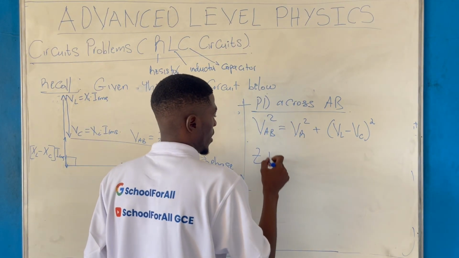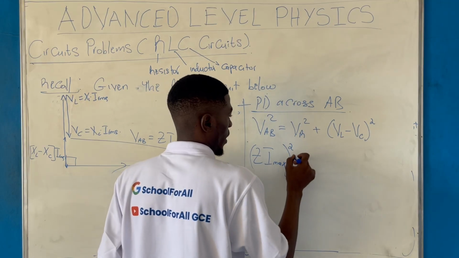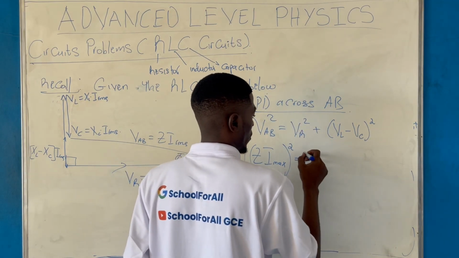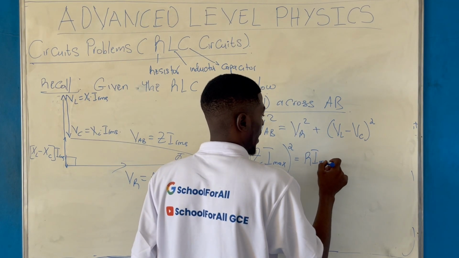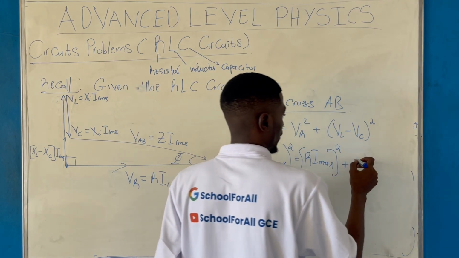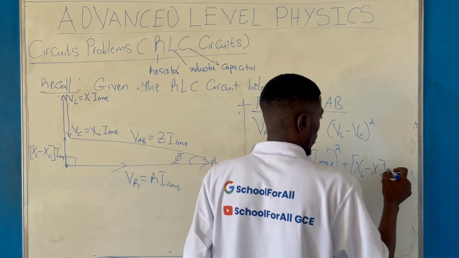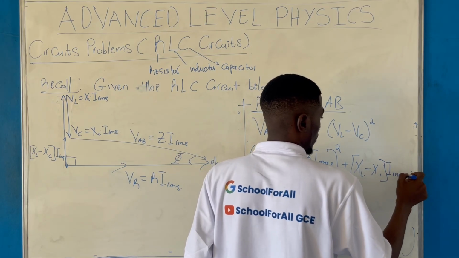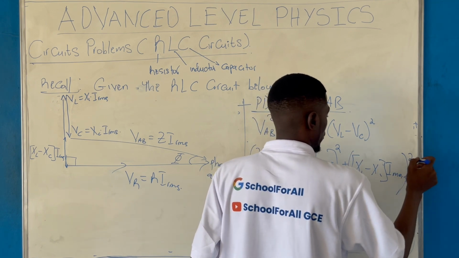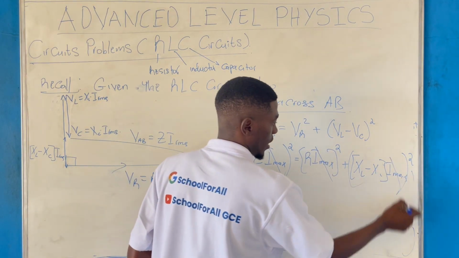It is Z I max all squared equals R I max all squared plus XL minus XC I max all squared. Consider this one will cancel, and cancel.